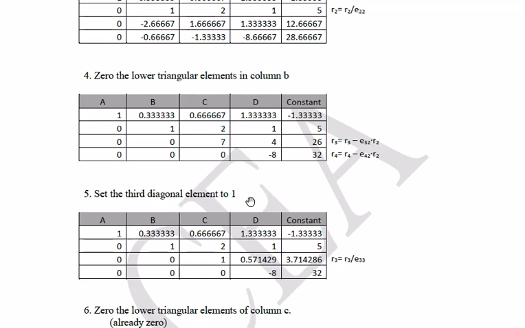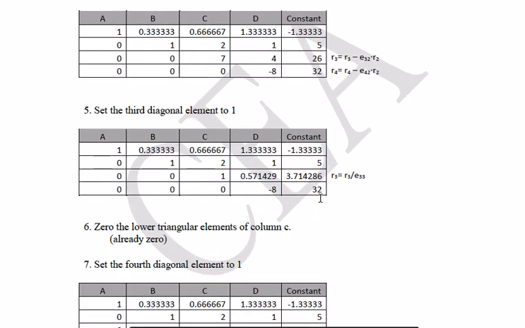So we have to divide 7 by 7 in order to make it 1. However, we will also apply the formula to all the elements in the row. So that's why in step number 5, we set the third diagonal element to 1. The formula will be R3 divided by the element in the third row, third column, which is 7. So 7 divided by 7 gives us 1.